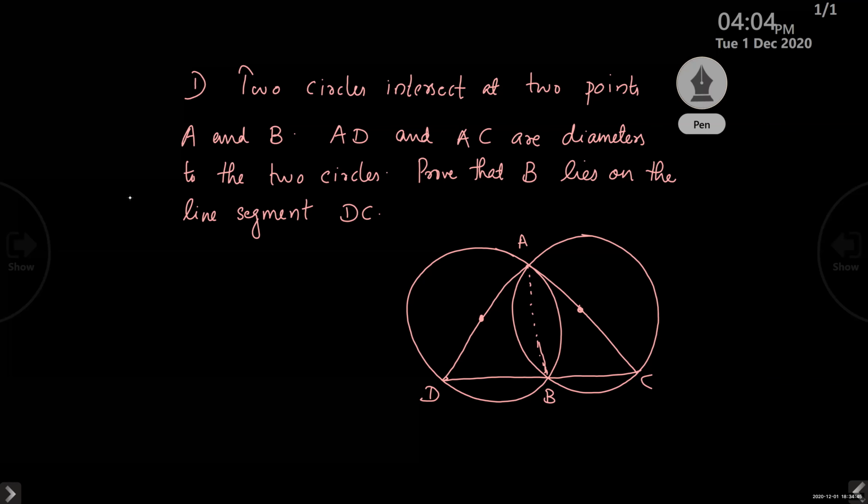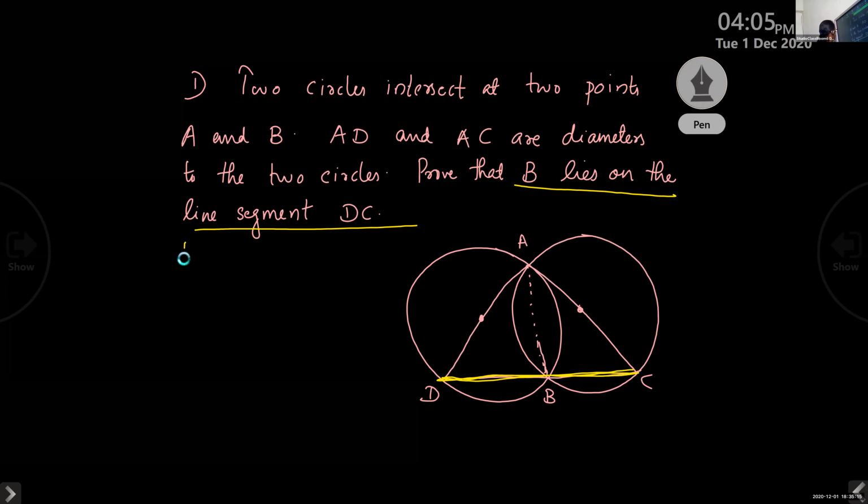B lies on the line segment CD. That means we have to prove that this DC is a line segment. See, children, what is the speciality of a line segment?